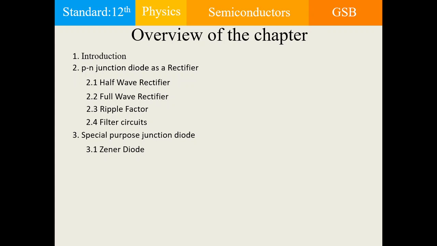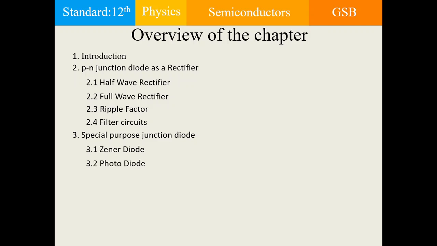The Zener diode is always attached in parallel with the output load, and it operates in the reverse bias condition. We'll be learning how it is used as a voltage regulator in the next subtopics.